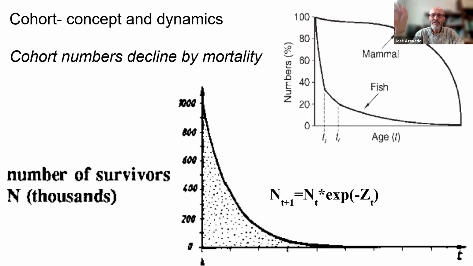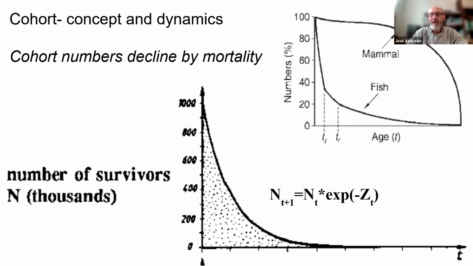The first thing is that at some point fish die. Now, the way that natural mortality happens in fish is very different from the way it happens in mammals, for instance.